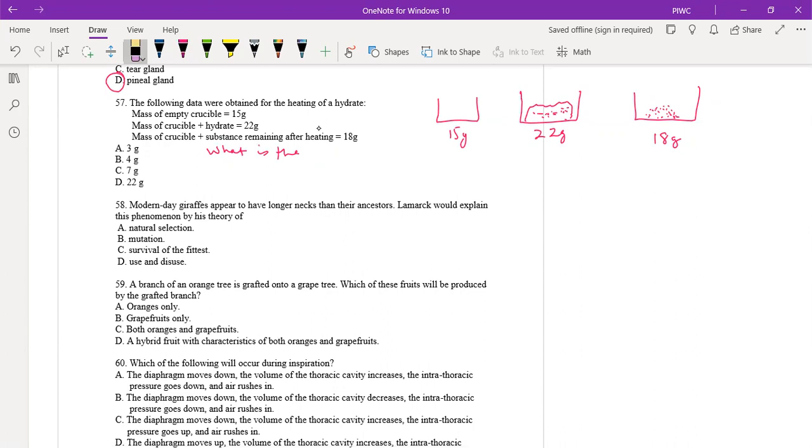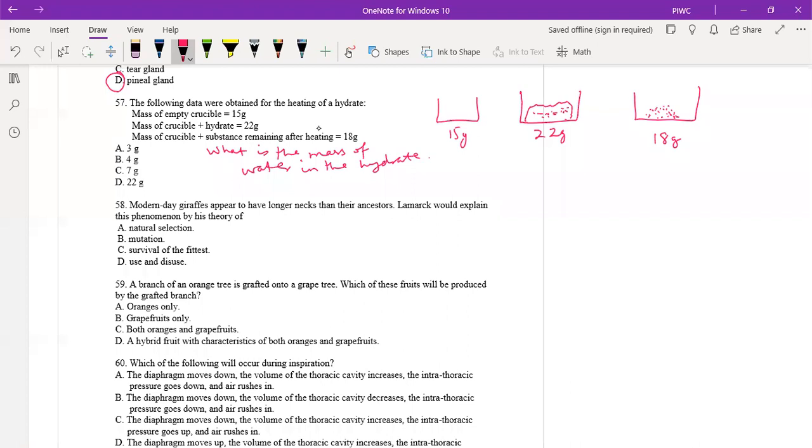I know I'm missing that one on this here. What is the mass of water? That's what the question should be. The mass of water in the hydrate. Okay, mass of water in hydrate. Okay.